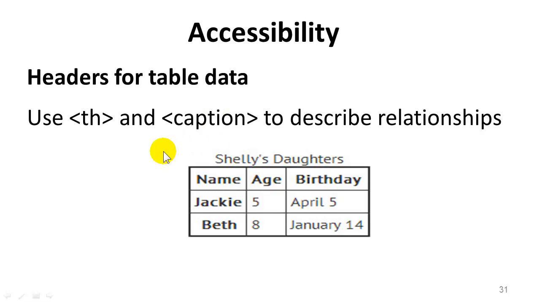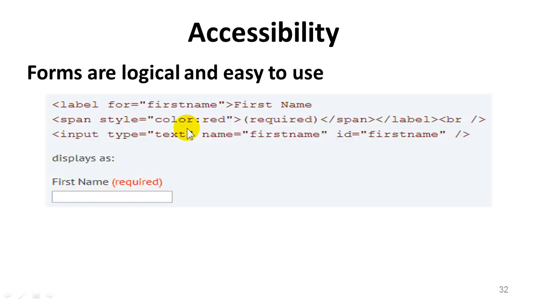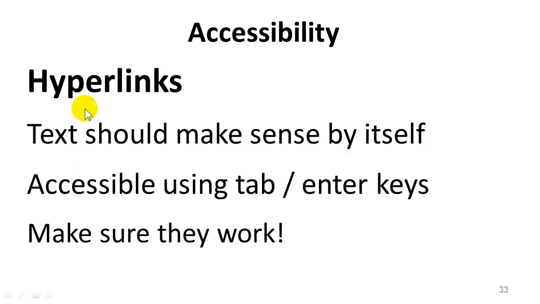When it comes to tables, use TH and captions to describe the relationship between the table elements. In forms, make sure you have labels. For hyperlinks, the text should make sense. They also should be accessible using tab and enter keys, and of course you want to make sure that they do work.